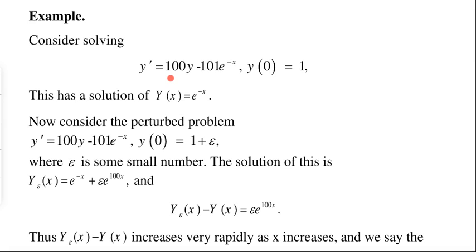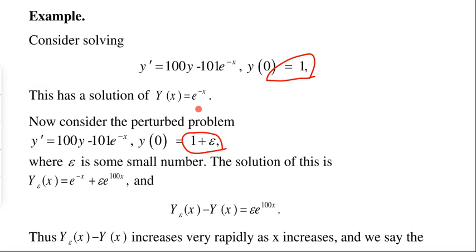In both of these problems, the equation is the same, but we have some changes in our initial conditions. Here we have y0 equals 1, but here we have y0 equals 1 plus epsilon. So the only difference between these two problems will be at our initial condition.